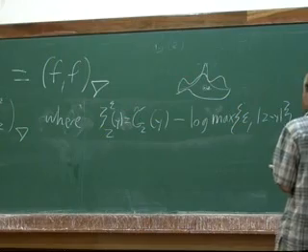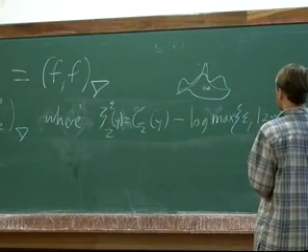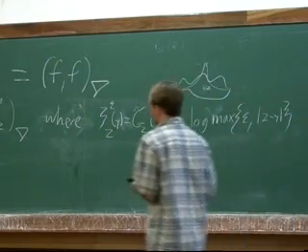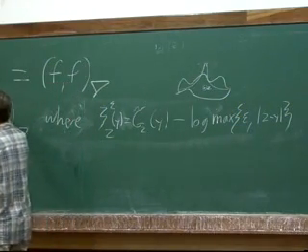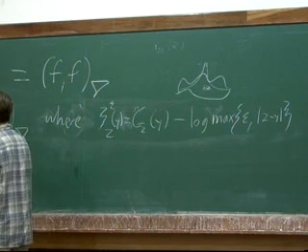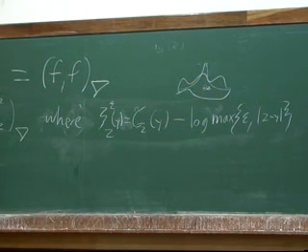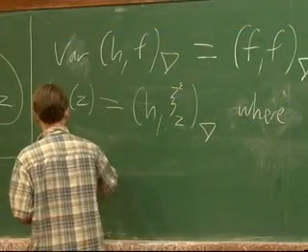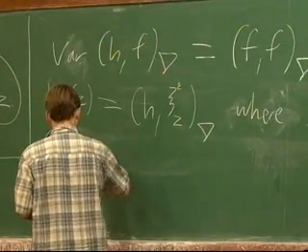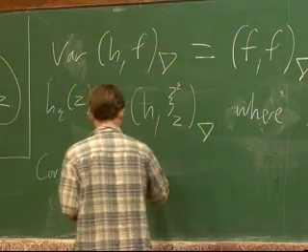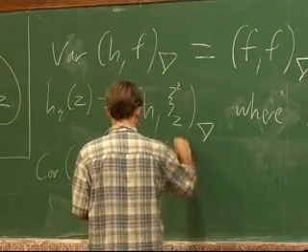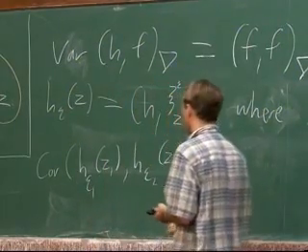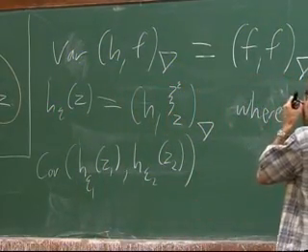Okay, and now if I wanted to compute something like the covariance of this at one point with this at another point, say I want to compute the covariance of h epsilon 1 z1 with h epsilon 2 z2. Well, now we know what it is.